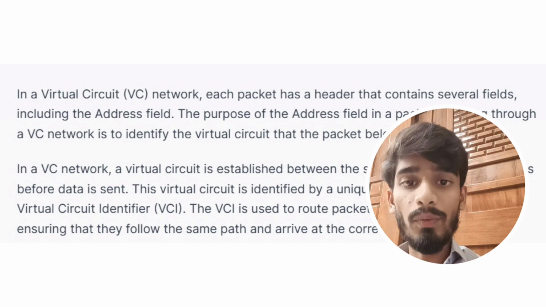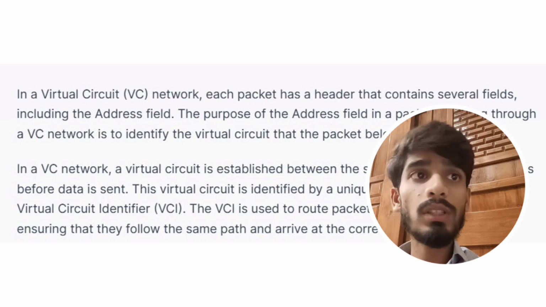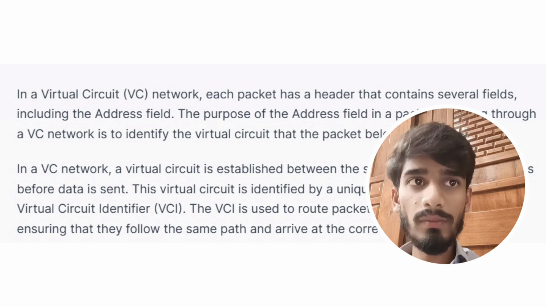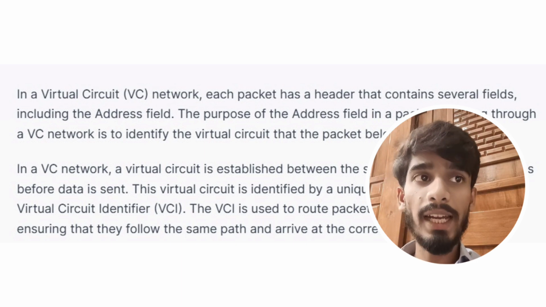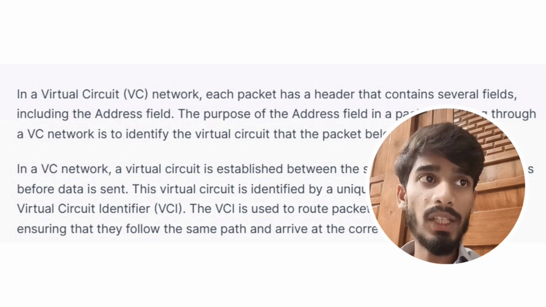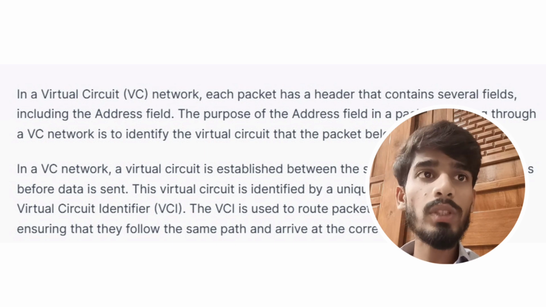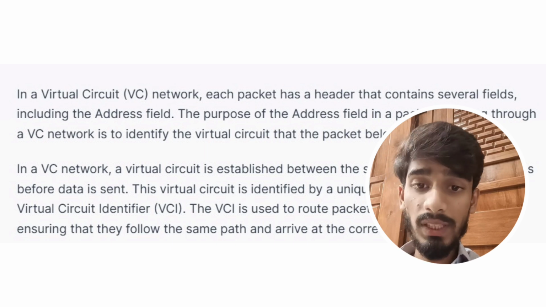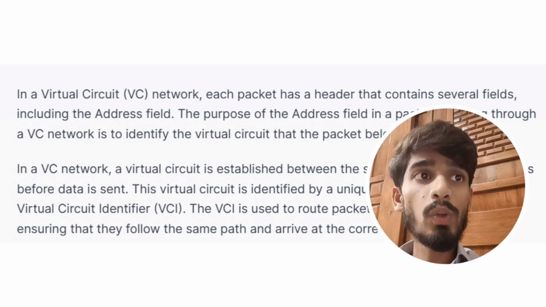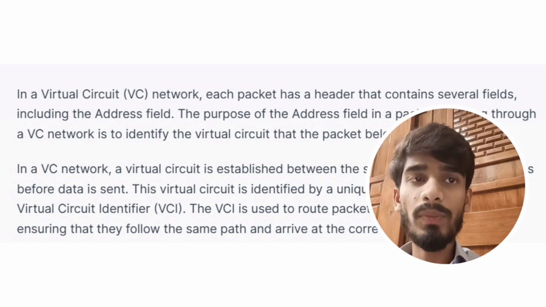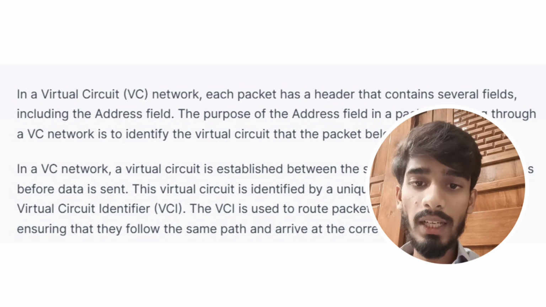In a VC network, a virtual circuit is established between the source and destination nodes before data is sent. This virtual circuit is identified by a unique identifier known as the virtual circuit identifier. The VCI is used to route packets through the network, ensuring that they follow the same path and arrive at the correct destination.